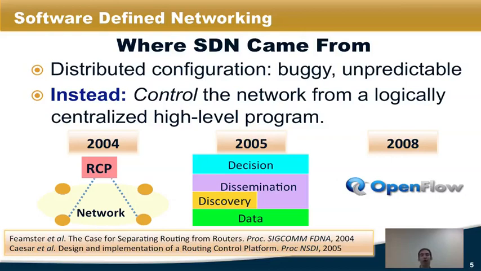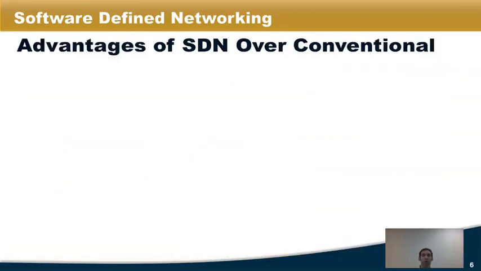On top of that, we have the logic that actually controls the behavior of the network, or the decision plane. So that's conceptually like an RCP. A few years later, we saw another instantiation of SDN called OpenFlow, whereby a high-level controller could control the behavior of switches through a well-defined interface. We'll talk about the OpenFlow architecture and control channels in a lot more detail in later modules.